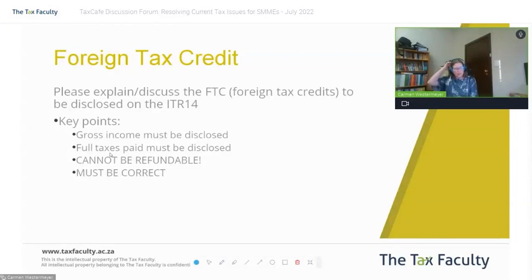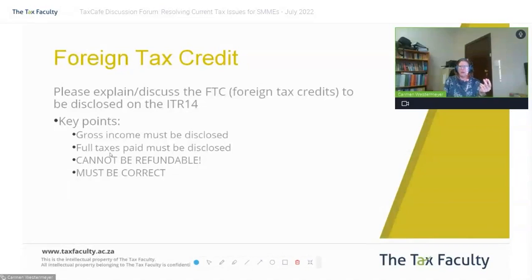So, for example, I came across a scenario the other day where we had a South African company with an investment portfolio in the UK, and when the UK paid the South African shareholder their dividend, they withheld dividends tax at 30%.